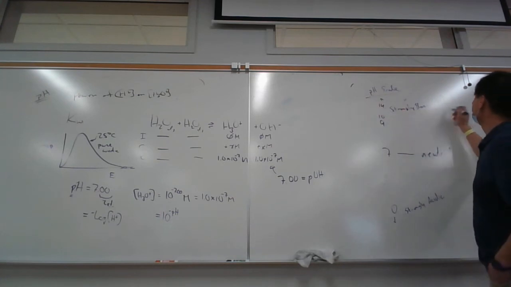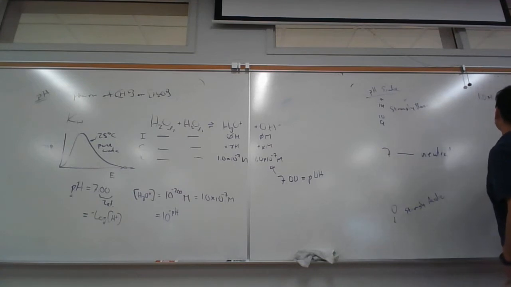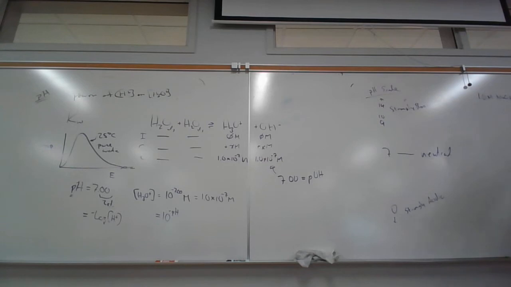And so if I have a strongly basic solution, like let's say 1.0 molar sodium hydroxide has a pH of 14.00. It's 2 sig figs here, 2 sig figs here. Where is the acid coming from? This is the power of the hydrogen ion concentration, which means the acid is equal to 1.0 times 10 to the minus 14 molar. This is strong base.